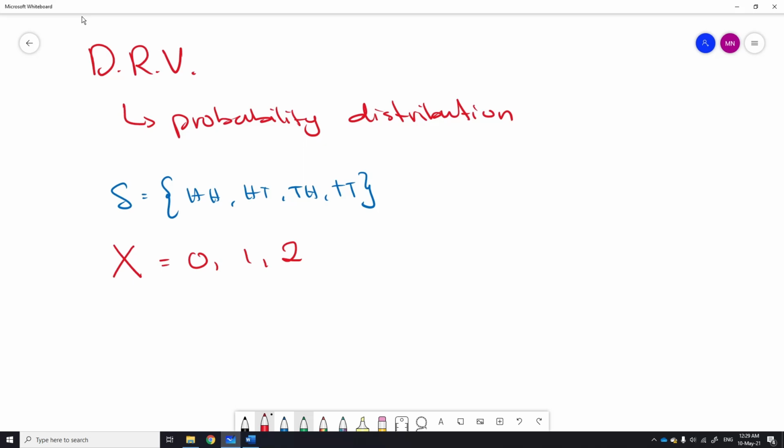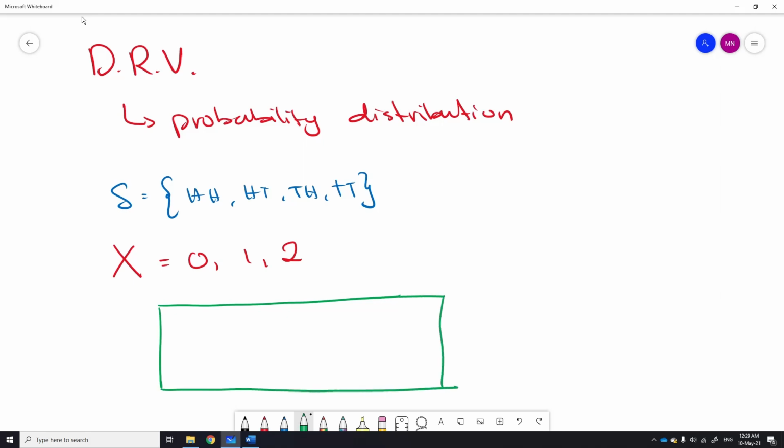From here we can form a probability distribution table. The first row represents x, and the second row is the probability of x appearing.